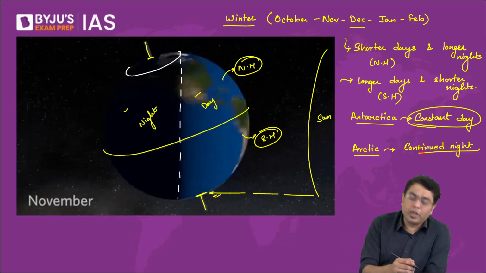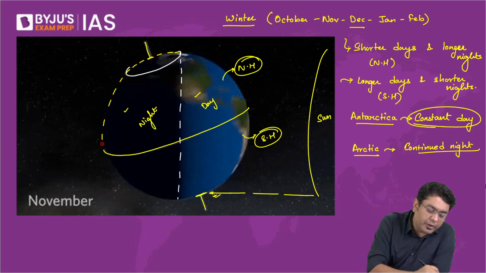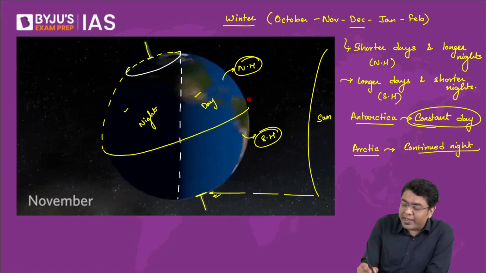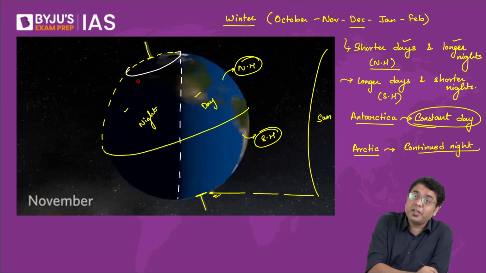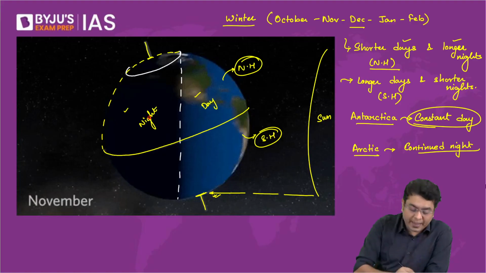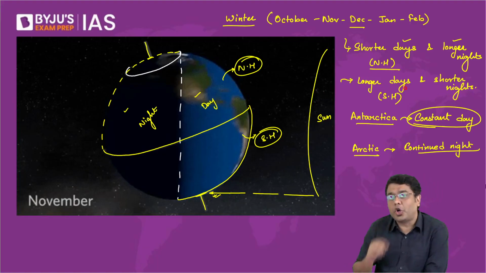So if you draw the circle of illumination, you will observe that a larger portion of the northern hemisphere at any point of time is hidden behind the sun, and a very small portion is actually exposed to the sun. That is why in the northern hemisphere during these months we experience shorter days because of smaller time for which we are in front of the sun, and longer nights, larger period behind the sun. Whereas in the southern hemisphere, the exact opposite happens. Because a larger portion is actually tilted towards the sun, they will have longer days and shorter nights.